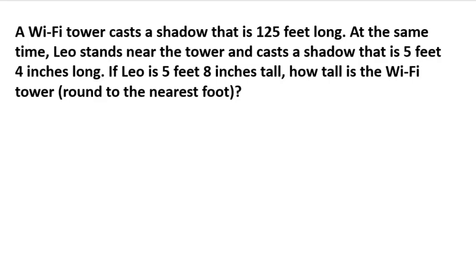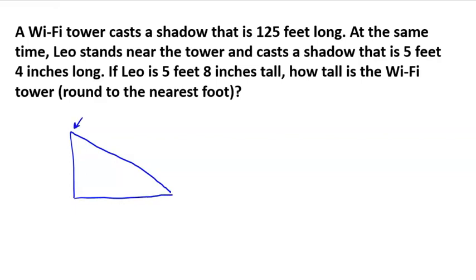If Leo is 5 feet 8 inches tall, how tall is the Wi-Fi tower? Round to the nearest foot. So if we're kind of imagining this, we have a Wi-Fi tower and it's standing straight up, and it's creating this shadow on the ground.